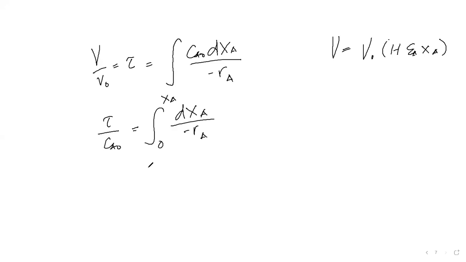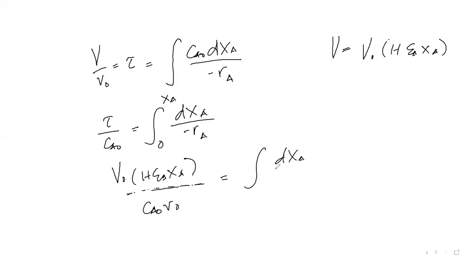This is your performance equation for a plug flow reactor, but since we cannot ignore density changes here, you will have to change the V to this particular format. So here I would write V sub O, 1 plus epsilon A XA. That's your entire V divided by CAO v sub O. This is only the V, but tau is V over v sub O. So the v sub O I placed here, and you still have the expression dXA over the rate from 0 to XA.